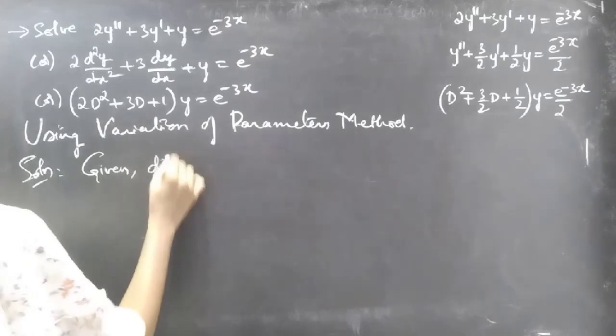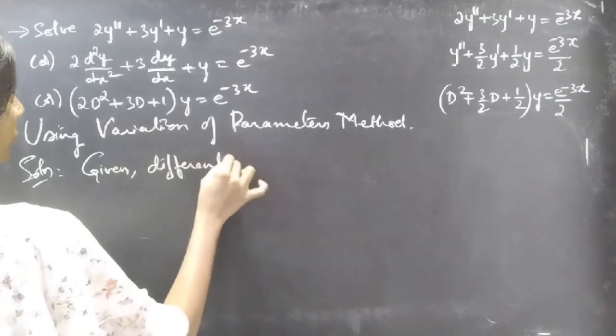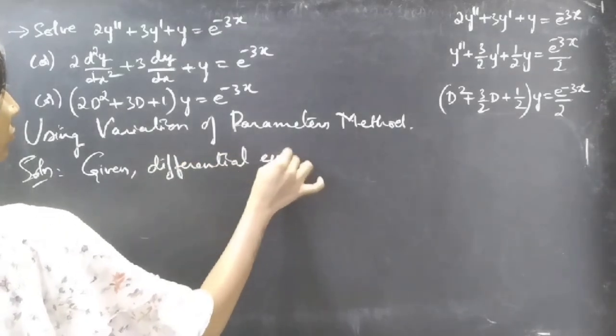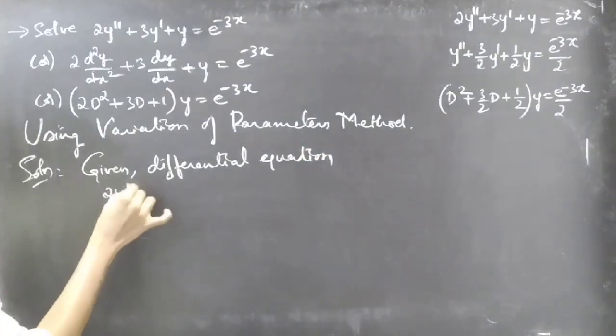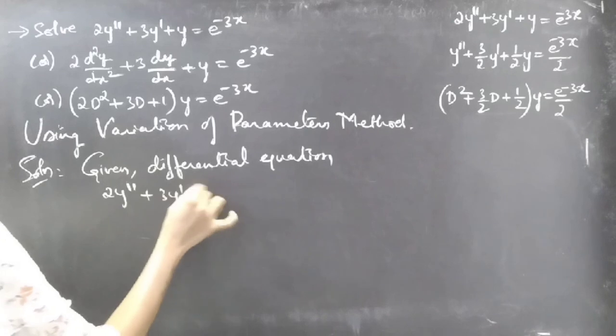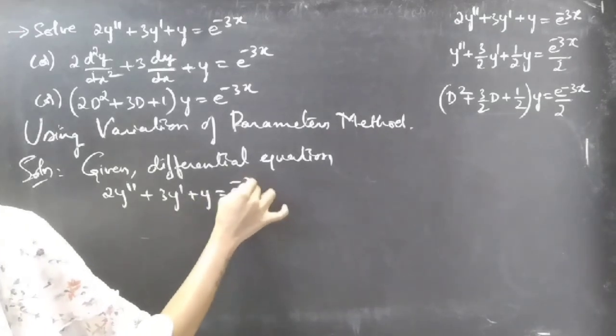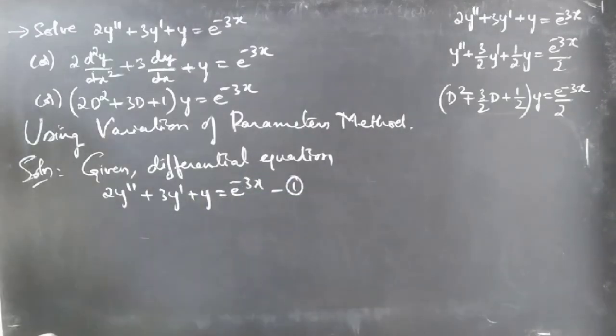Given differential equation, y'' + 3y' + y = e^(-3x). Consider it as equation number 1. Now we need to write the given differential equation in standard form.